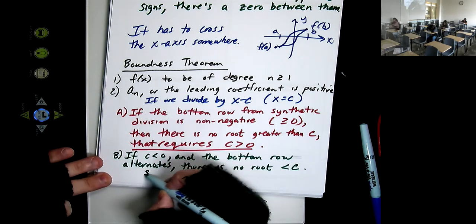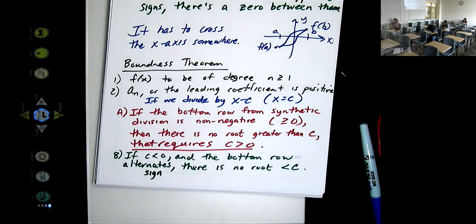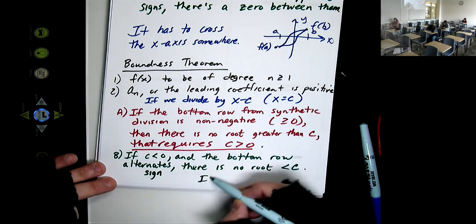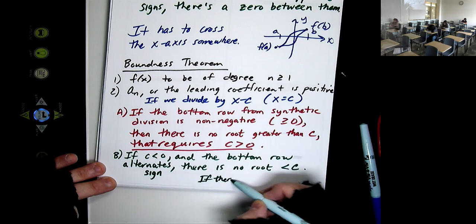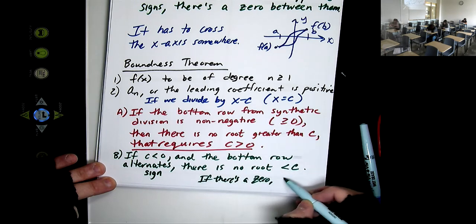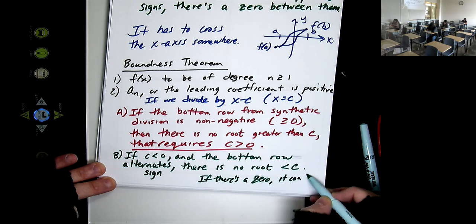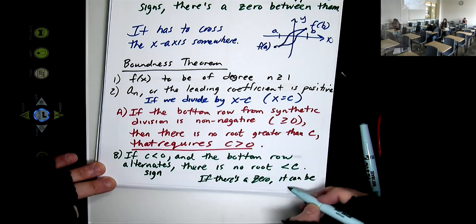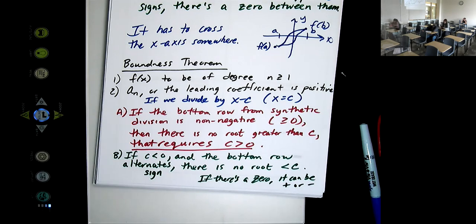I didn't actually finish that thought. It's got to go plus, minus, plus, minus, or negative, plus, negative, plus. If there's a 0, it can be positive or negative, whichever fits the rule. Those are a couple theorems that we will use.